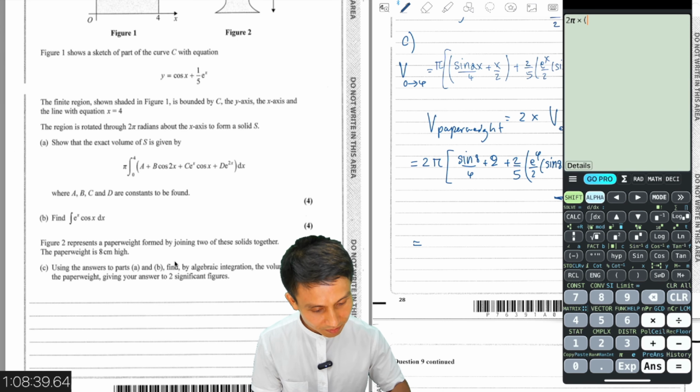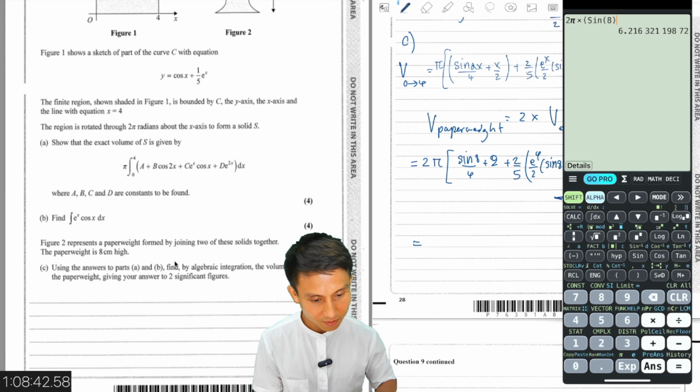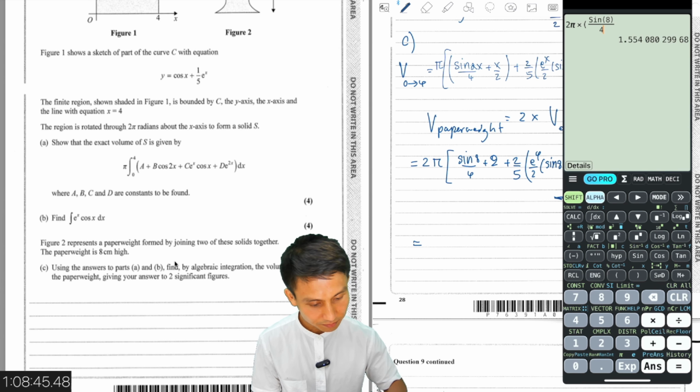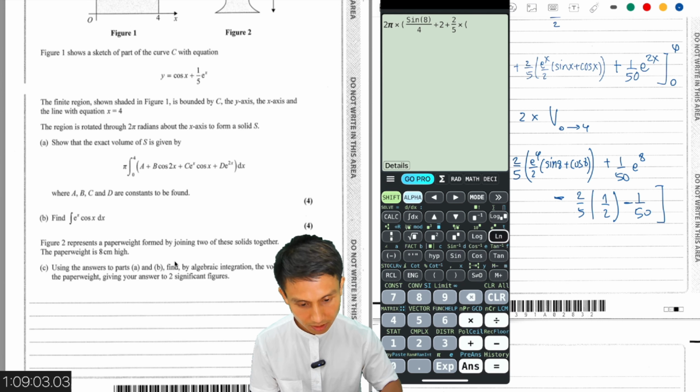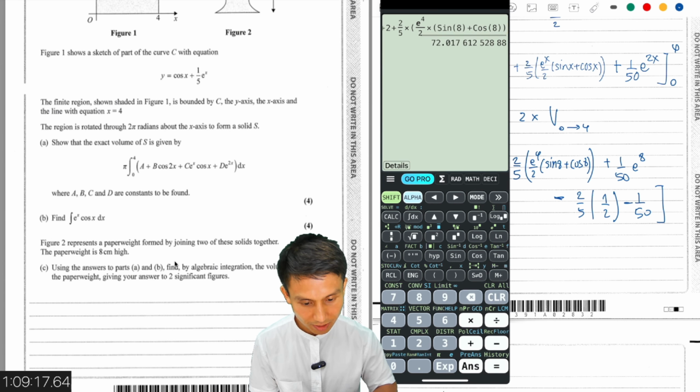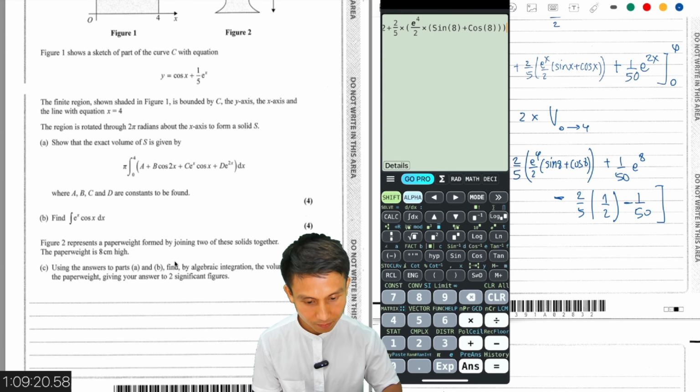It feels weird to say, but sine 8 over 4 plus 2 over 5 times, in brackets, e to the 4 over 2 times sine 8 plus cos 8, bracket, bracket and then close bracket again.